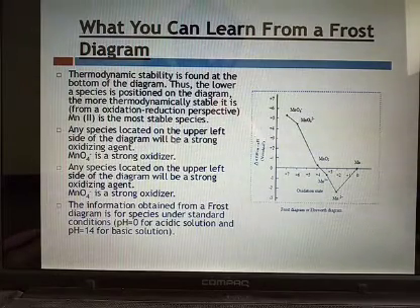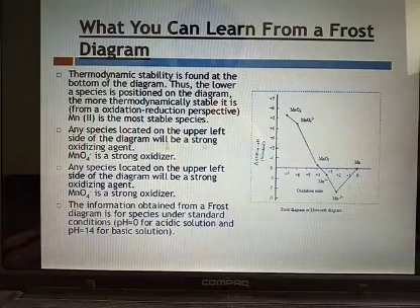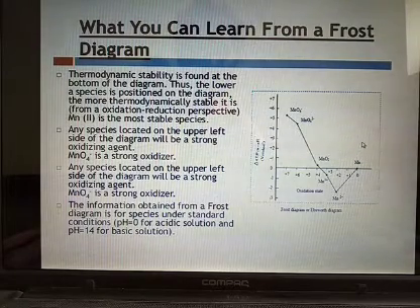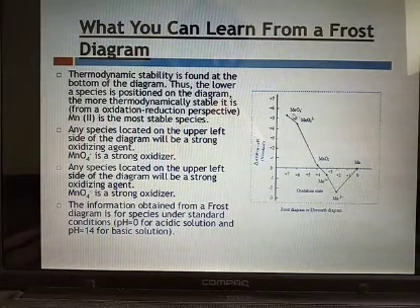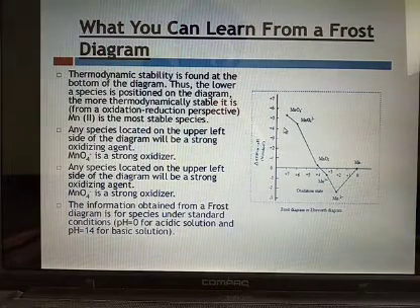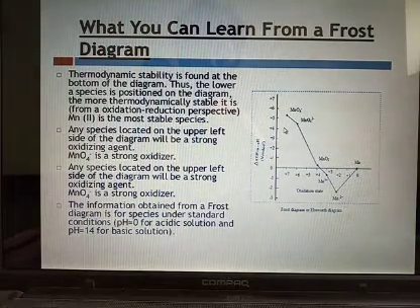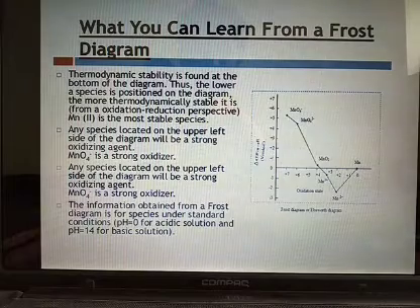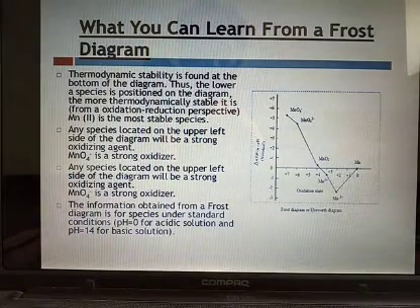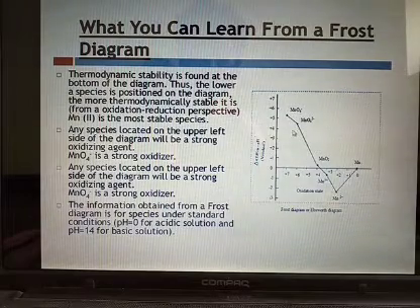Any species located on the upper side of the diagram will be a stronger oxidizing state, MnO4- is a stronger oxidizer. Any species located at the upper left side of the diagram will be a stronger oxidizing state.